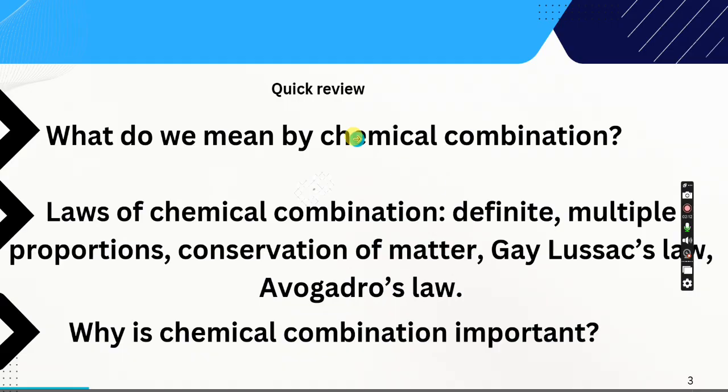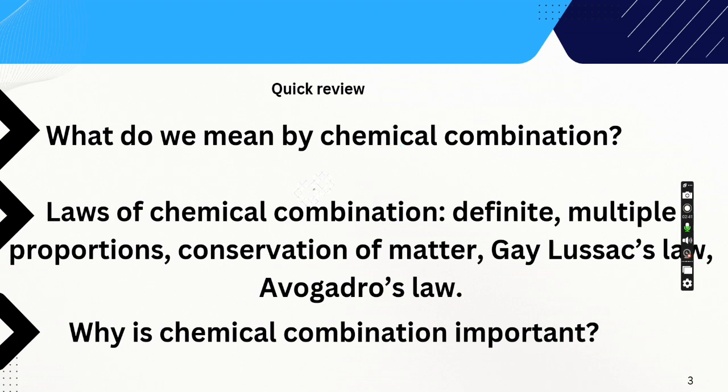So let's do a quick review. What do we mean by chemical combination? I'm asking you, what do you understand by the word chemical combination? Okay, I can see you are trying to say something.